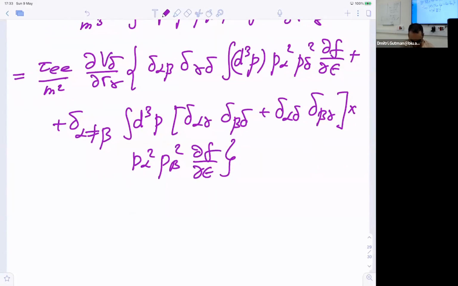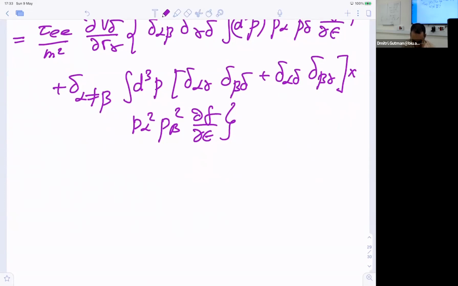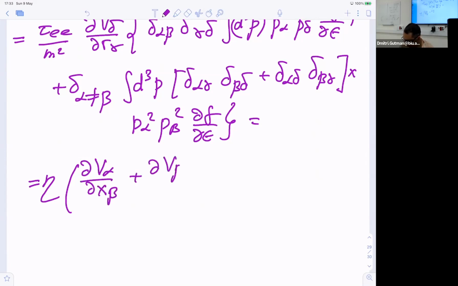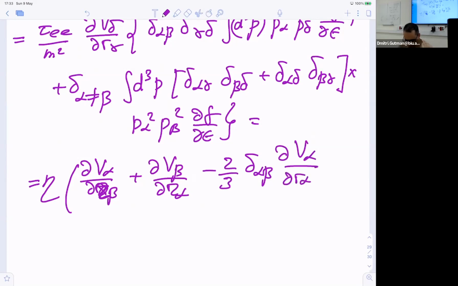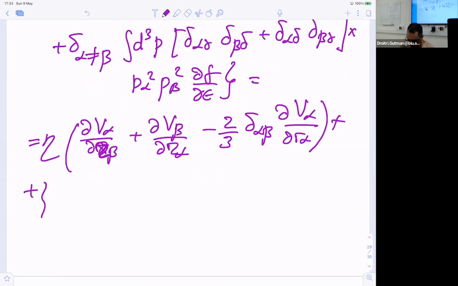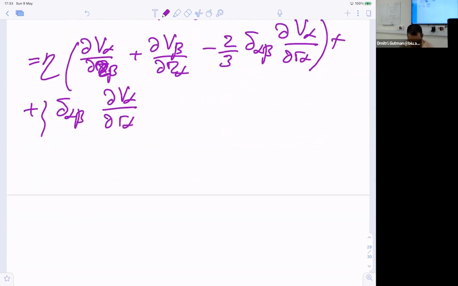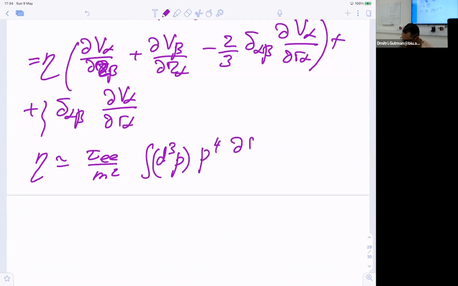And I'm getting that this thing will be equal to viscosity coefficient eta, well, I call it R, (dv alpha over dr beta plus dv beta over dr alpha minus 2/3 delta alpha beta dv alpha over dr alpha), plus another viscosity coefficient psi, delta alpha beta dv alpha over dr alpha, where this viscosity coefficient, say eta, is tau EE over m squared integral d3p p to the power 4 df over d epsilon.